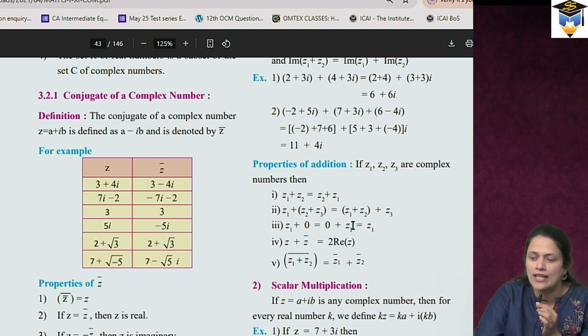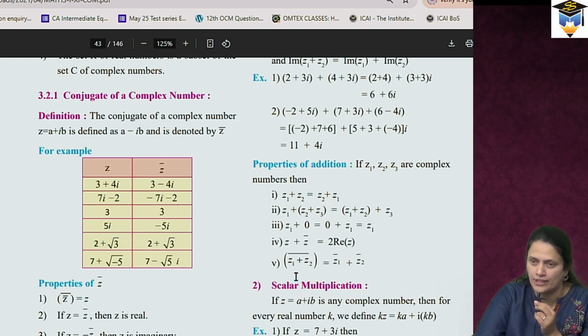Next, it is called additive identity. The third property is that whenever you add 0 to a number, we get the number itself. Next, Z plus conjugate of Z gives us the answer as 2 into the real part. Just write down all these properties, and I'm going to write down the examples also.